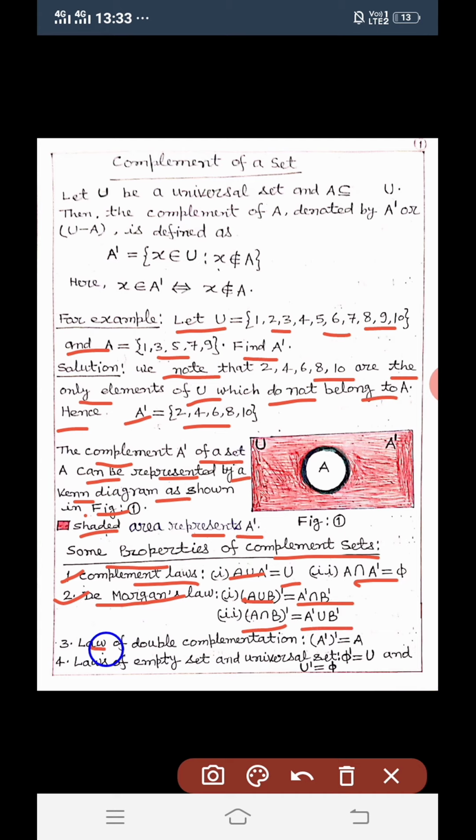Law of double complementation, that is complement of complement of A equal to A. Laws of empty set and universal set, that is phi complement equal to universal set U and complement of universal set U equal to phi.